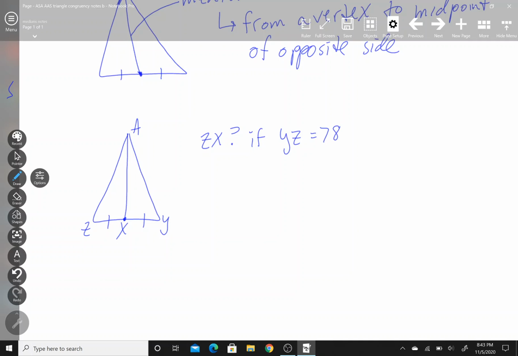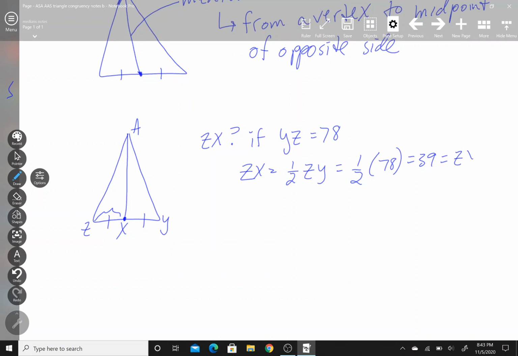So ZX is one half of this side of the triangle, and remember your median is cutting it in half. So ZX is half of ZY. So ZX is 1/2 of 78, which is 39.